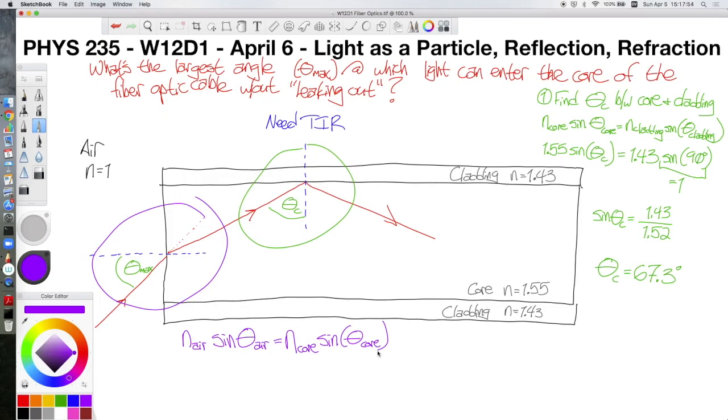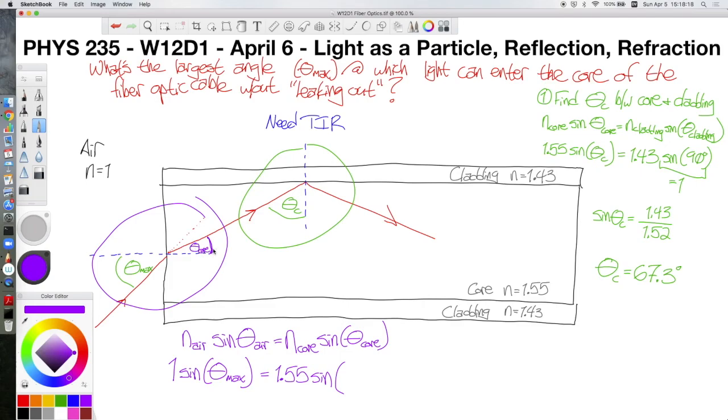And we know the index of refraction of air is 1, and that angle within the air we decided to call theta max. So we can fill out the other side of our equation as the index of the core is 1.55 times the sine of the angle within the core. And note that the angle we need within the core here is this angle.